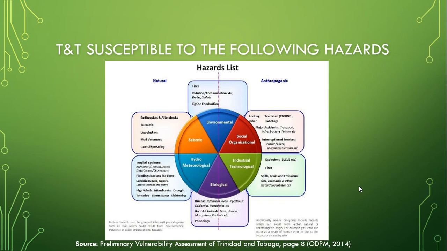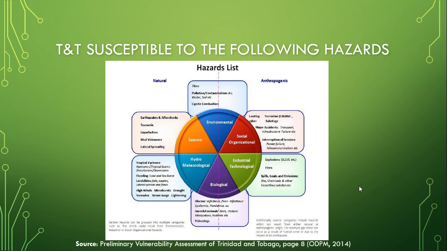Many of these, particularly the natural hazards, we are vulnerable to by virtue of our geographic location, namely being located in a volcanic region with tectonic activity. A lot of tectonic activity happens where we are, because Trinidad in particular is located on the edge of the South American plate that meets the Caribbean plate.